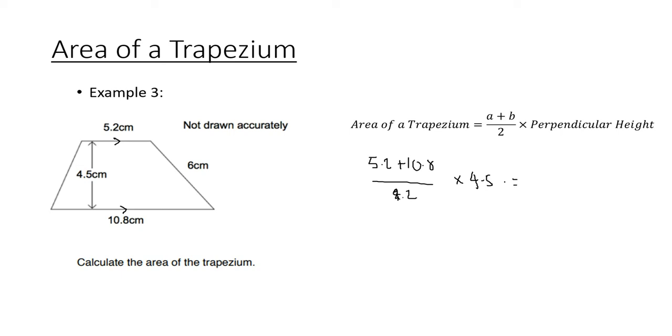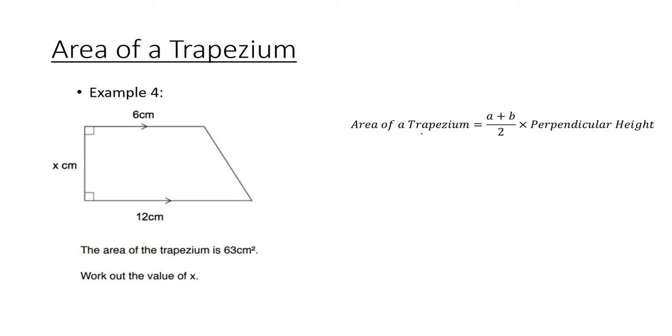So 5.2 plus 10.8 gives you 16, divided by 2, multiplied by 4.5. 16 divided by 2 gives you 8, and you're multiplying it by 4.5. Your final answer for the area of this trapezium is 36 centimeters squared.